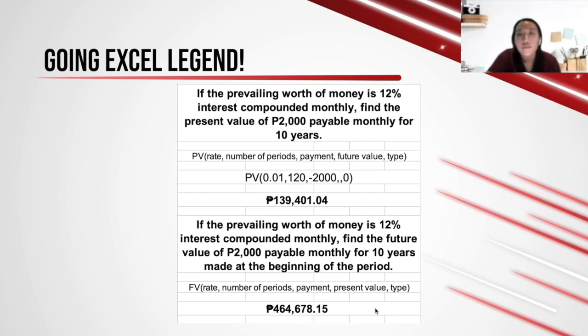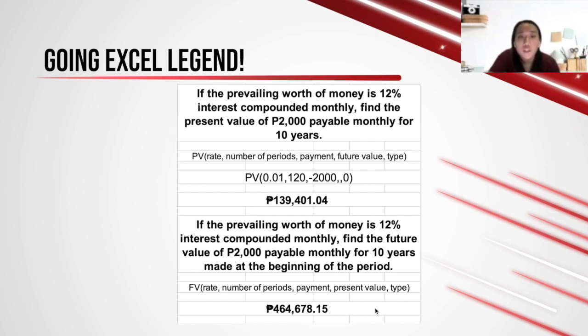And since we don't have the future value, we basically leave it blank and type, since this is an ordinary annuity, we input 0. So when you input this into Excel, this answer will show up, which is basically the same answer we got when we were solving for the ordinary annuity using the formula given.